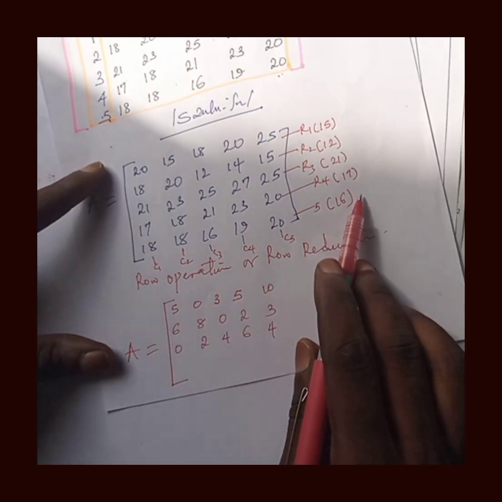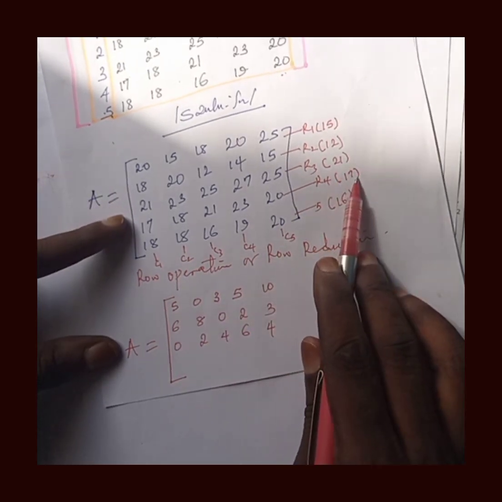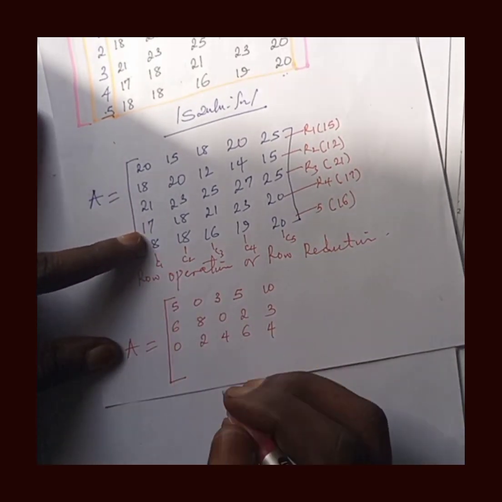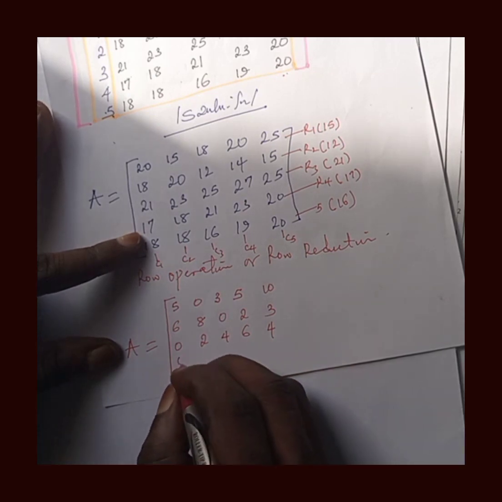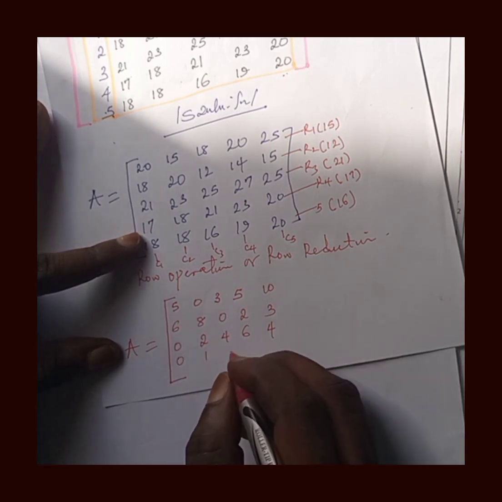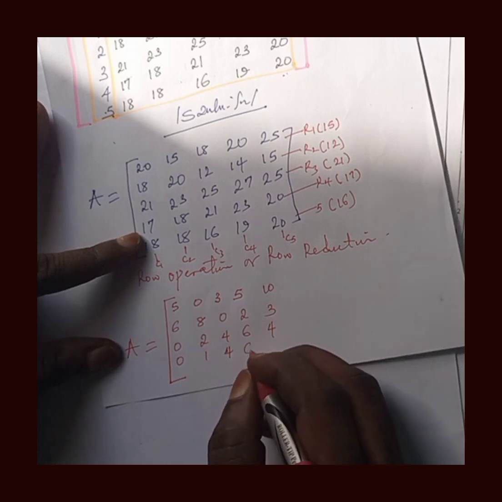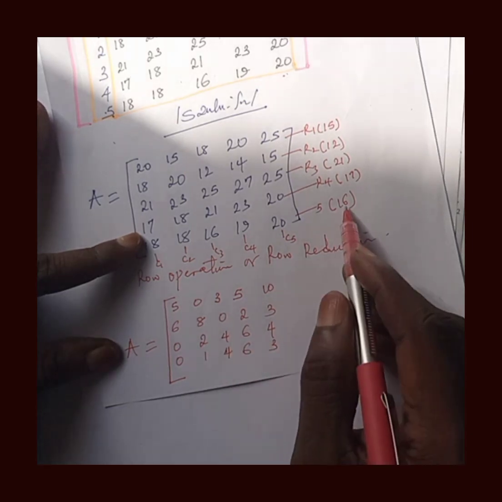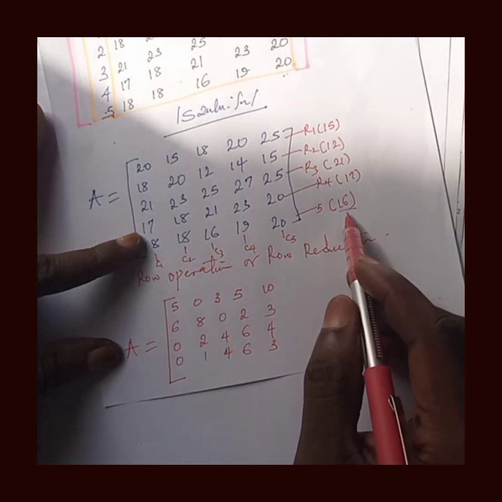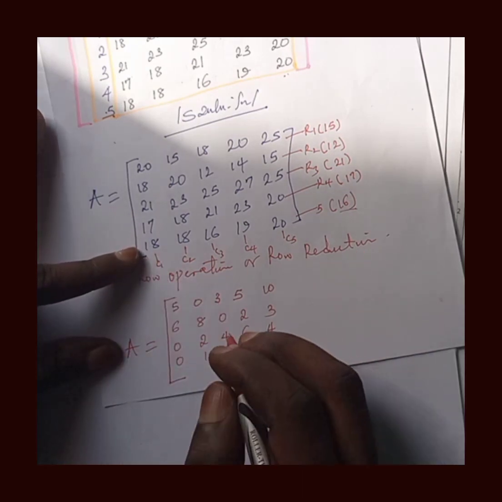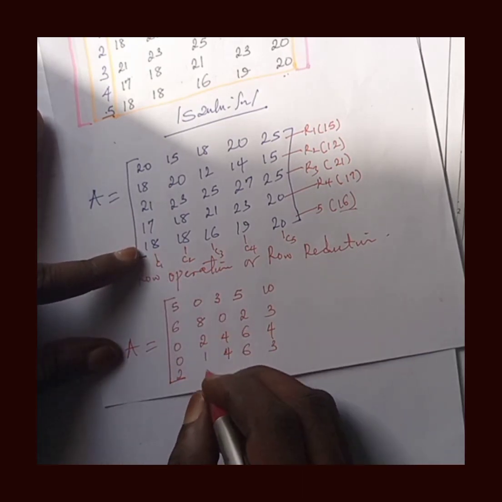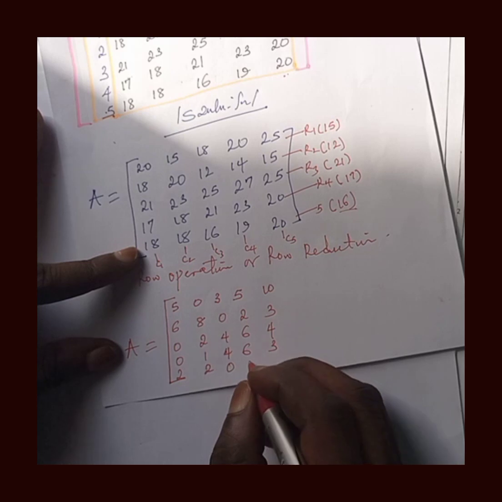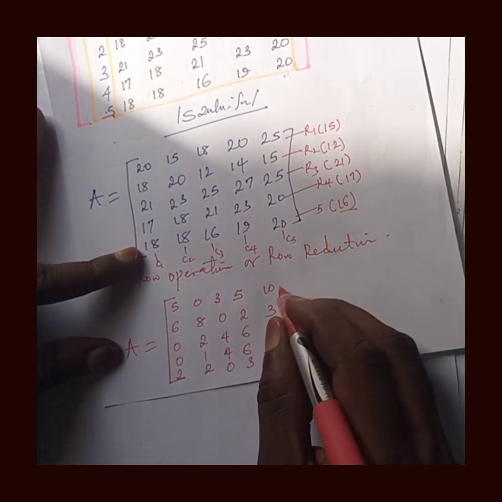The next one is 17. When we subtract 17, this one will give us 0, this one will give us 1, 4, 6, 3, and the last one here is 16. When you subtract 16, we are going to have 2, 2, 2, 0, 3, and 4.